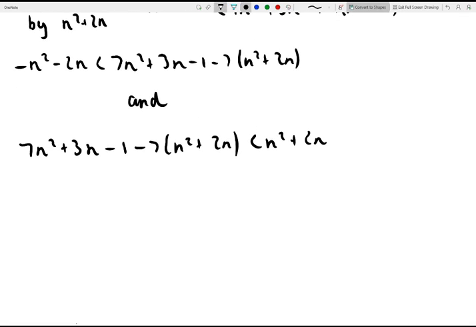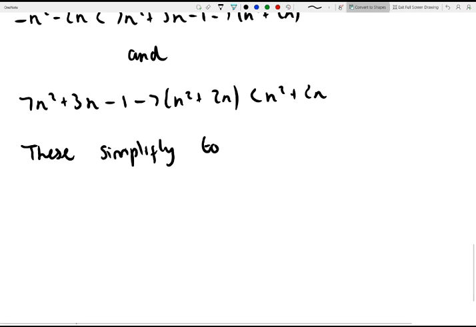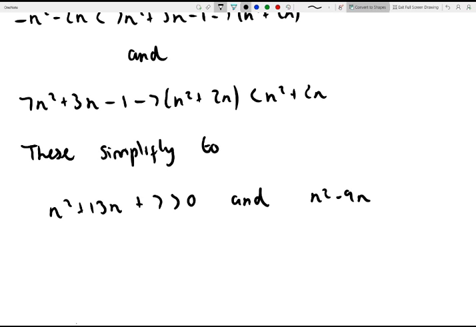And simplifying these, we get n squared plus 13n plus 7 is greater than 0, and the second one gives us n squared minus 9n minus 17 is greater than 0.